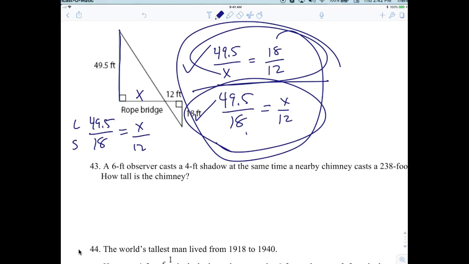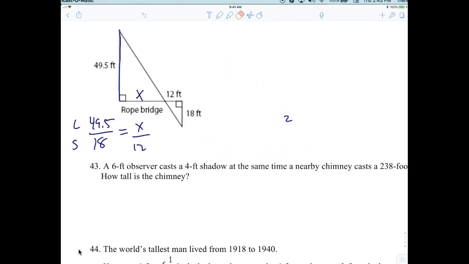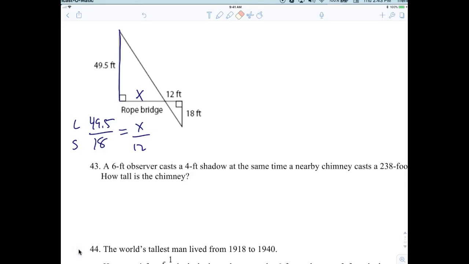49.5 above x and x. You already told me. I'm not even doing the problem. You are telling me what the problem is. How did you set it up? 49.5 over 18, 12.